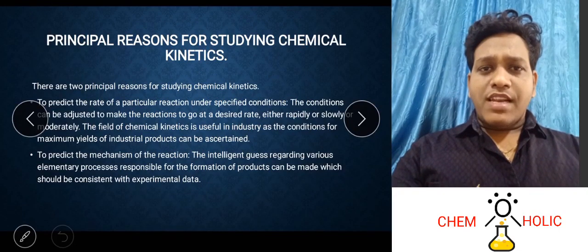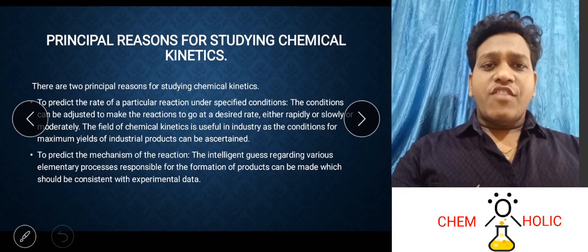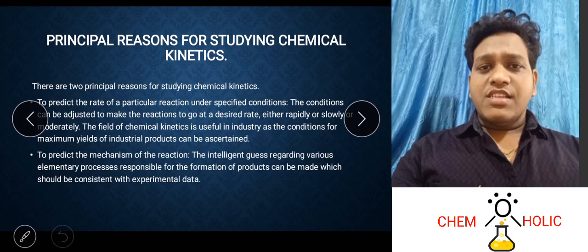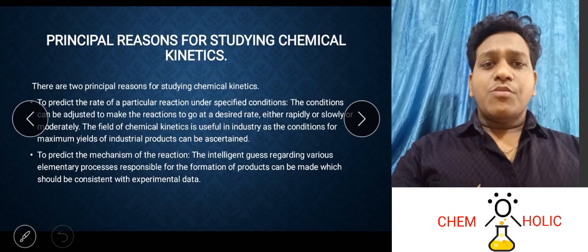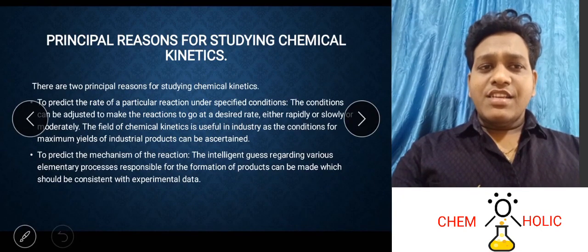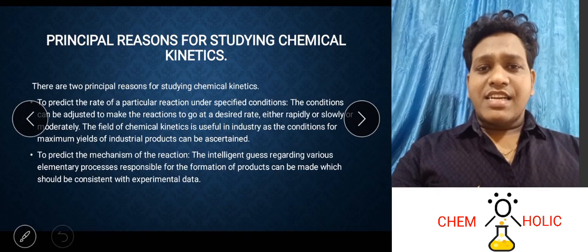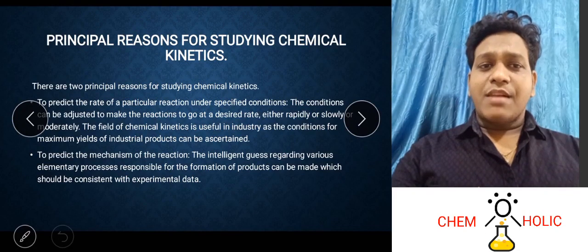The first one is to predict the rate of a particular reaction under specific conditions. The conditions can be adjusted to make the reaction go at a desired rate, either rapidly, slowly, or moderately. The field of chemical kinetics is useful in industry, as conditions for maximum yield of industrial products can be ascertained.